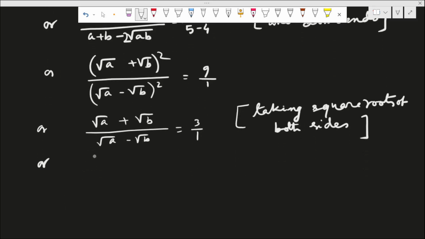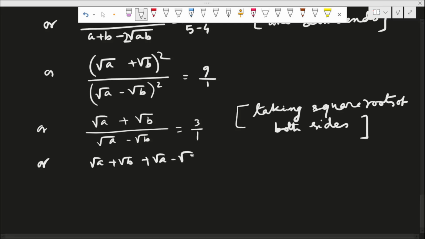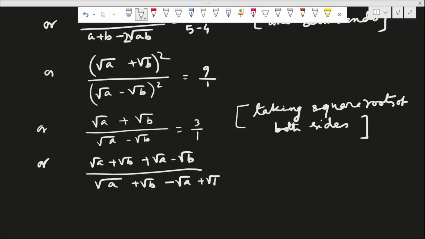Again, if we use componendo and dividendo, numerator plus denominator: root A plus root B plus root A minus root B, by numerator minus denominator: root A plus root B minus root A plus root B, equals 3 plus 1 by 3 minus 1.